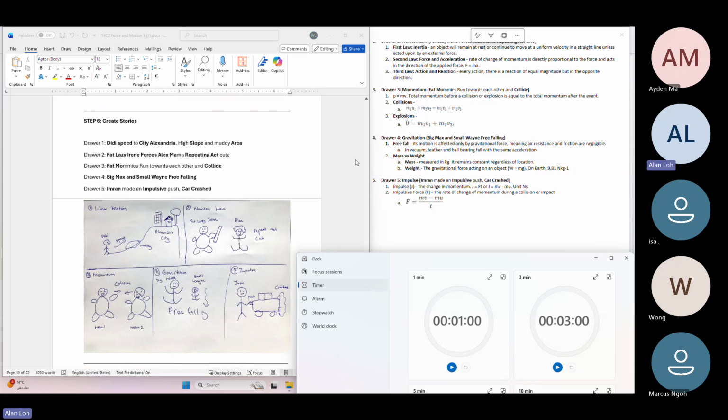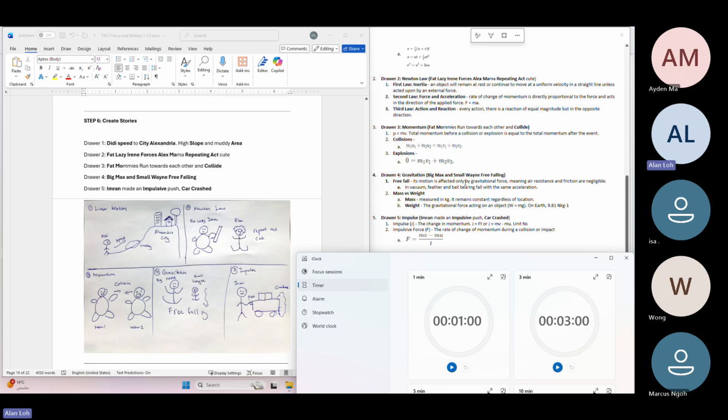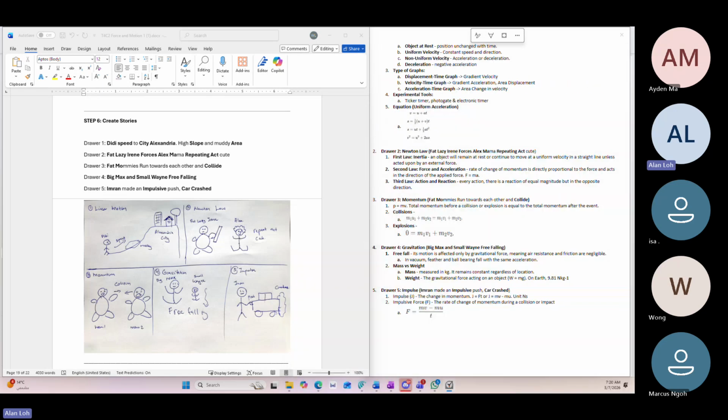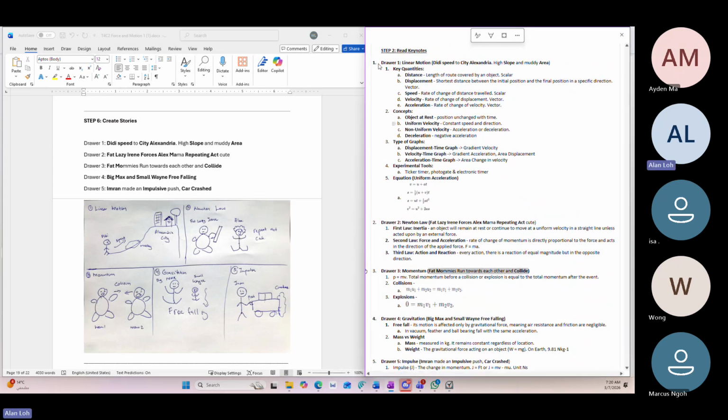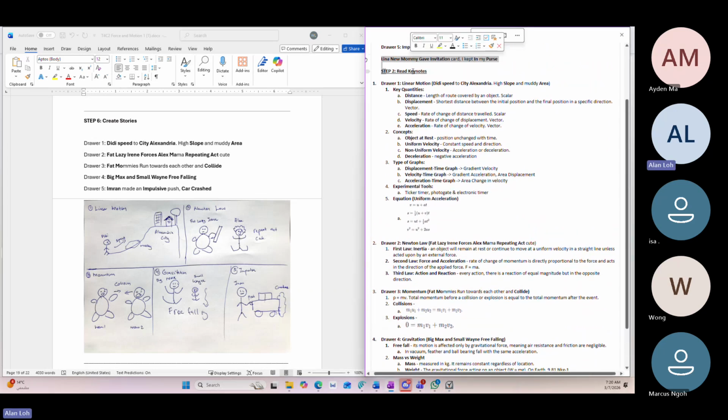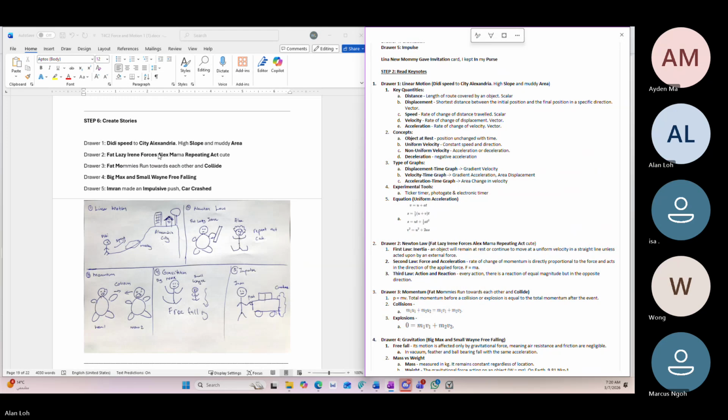Drawer number 1, let me just throw back this reference. This step 2 is always our reference. Now, drawer number 1: TT speed to city of Alexandria, high slope and muddy area.